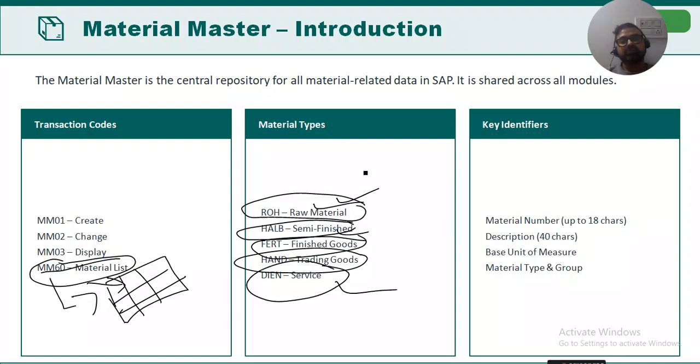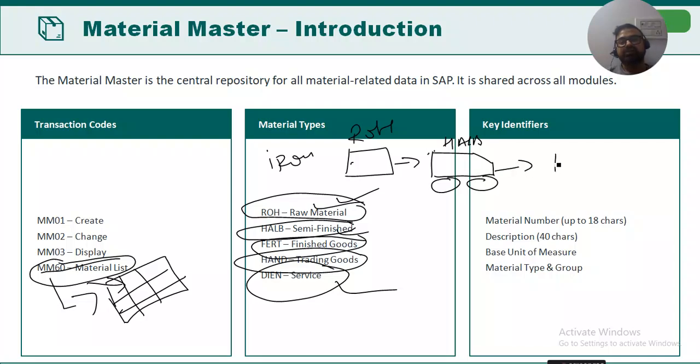Raw material means suppose we are purchasing an iron sheet, right? After purchasing the iron sheet, we are creating a car, correct? This is the ROH, and this is the semi-finish, HALB, right?